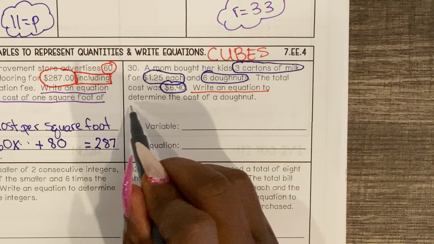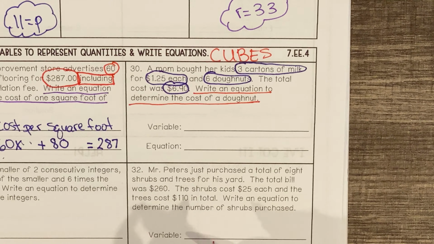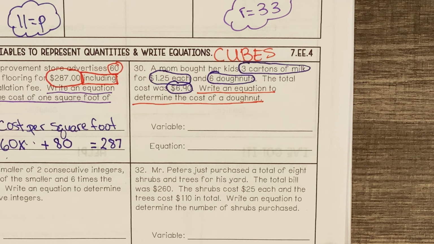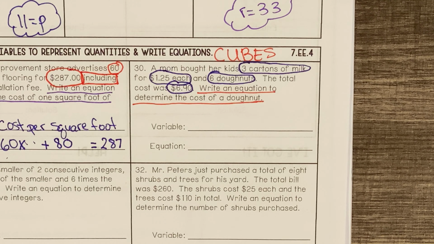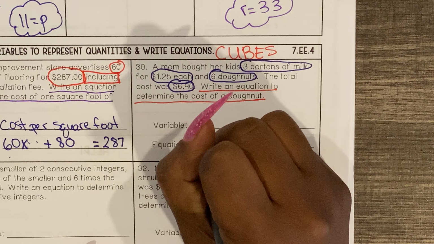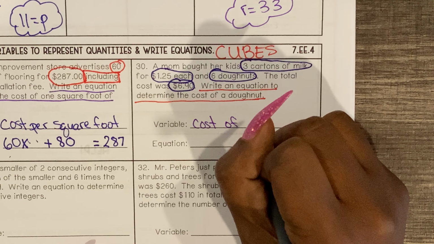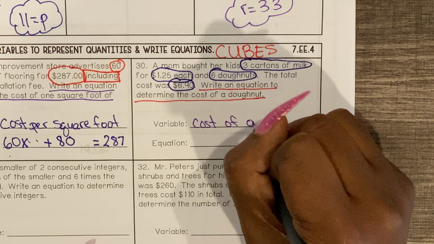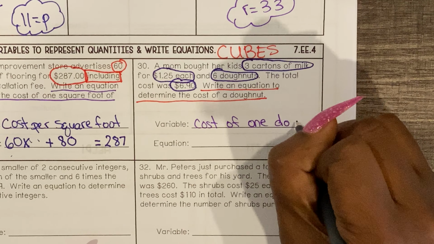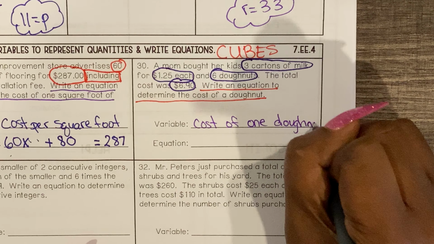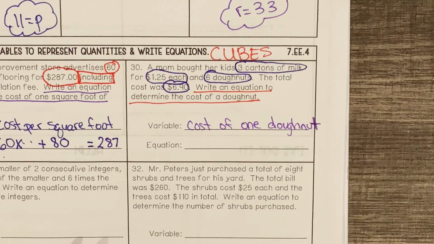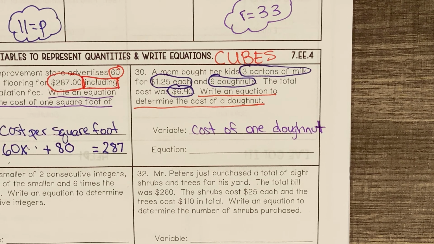So we're writing an equation to determine the cost of 1 donut. So what am I going to say is my variable? We're looking for the cost of one donut. Okay? The cost of one donut.